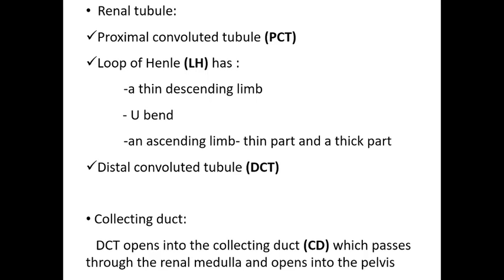So that means reabsorption and secretion take place in the renal tubules. And then we have the collecting ducts. Finally the urine that is formed enters into the collecting ducts and they drain into the renal pelvis.